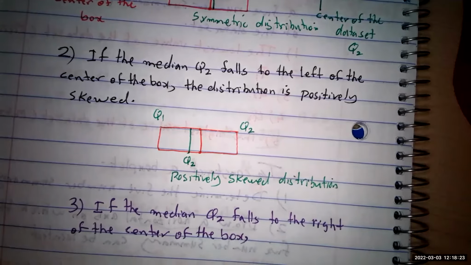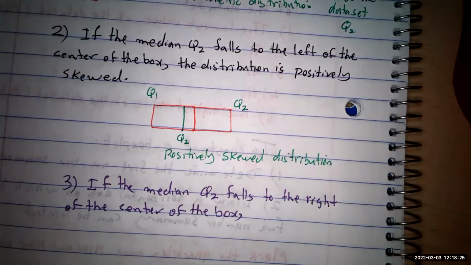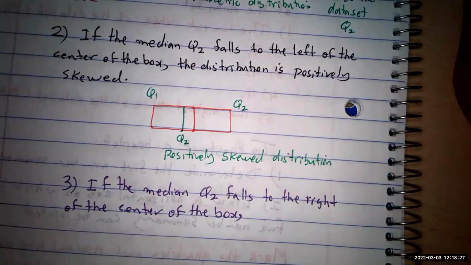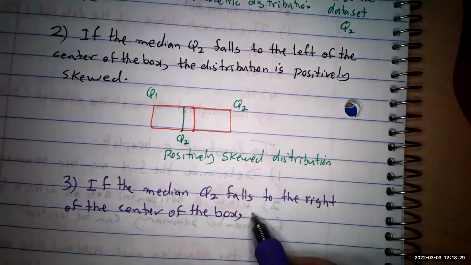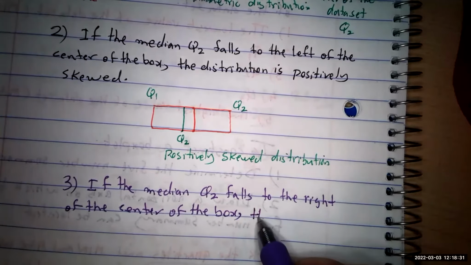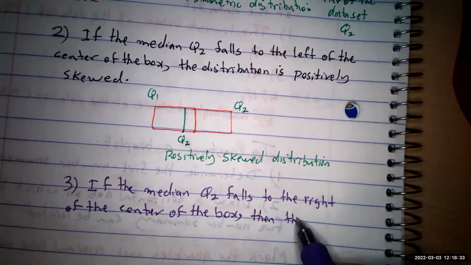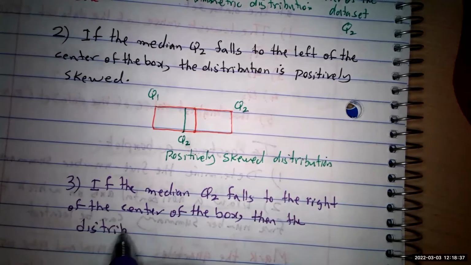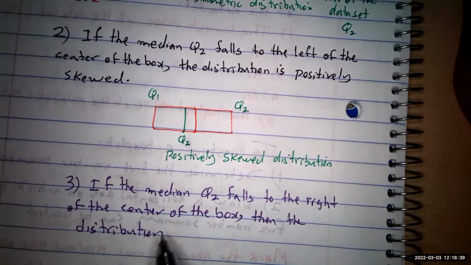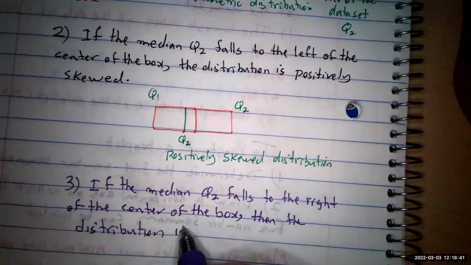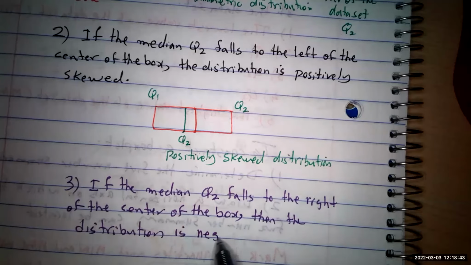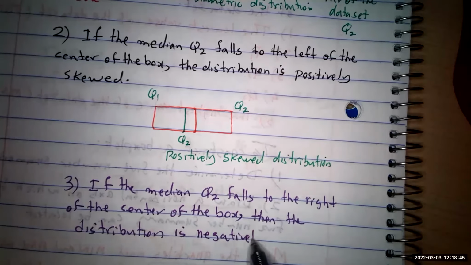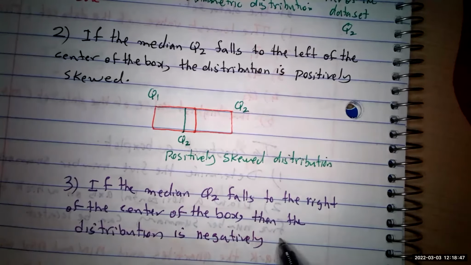Again, it's skewed, shifted to the right. When shifted to the right, it is skewed negatively. If this is going to be the case, the distribution is negatively skewed.